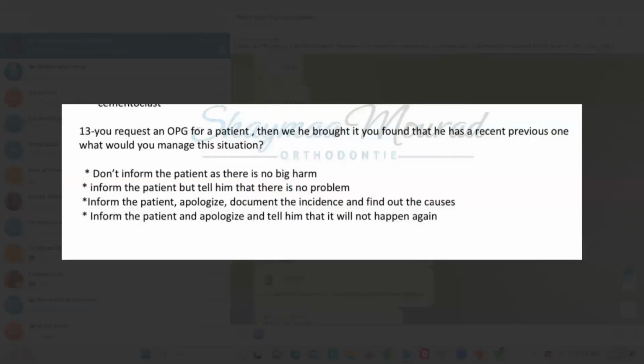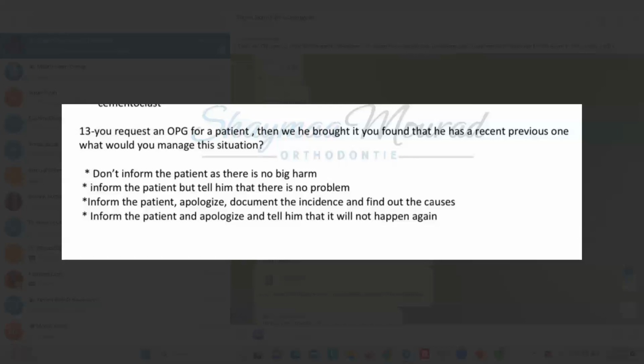Because he brought it, you found that he has a recent previous one. Yes, sir, he has the previous OPG and you have requested another. So what's the big deal? Inform the patient, but tell him there is extra radiation. No problem. Do not inform.